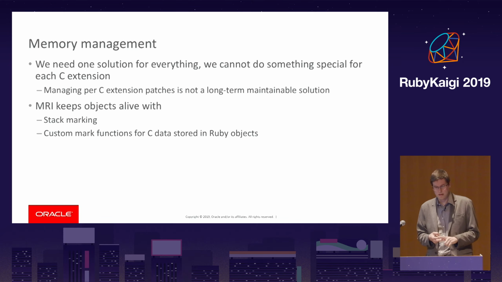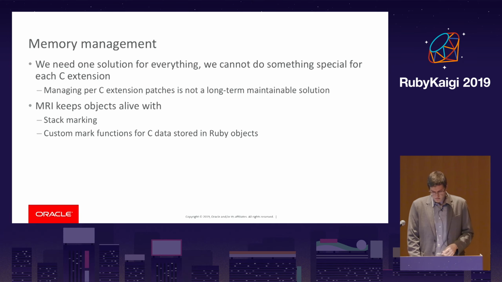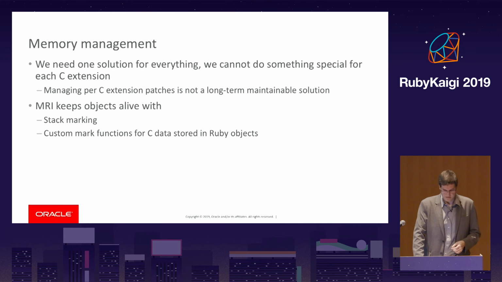And the second way is whenever you have some C data stored within a Ruby object, where the native C data stores some other Ruby objects, you can also assign a marking function, which will keep the Ruby objects stored in the data alive for you. So for both of these, we did something similar.